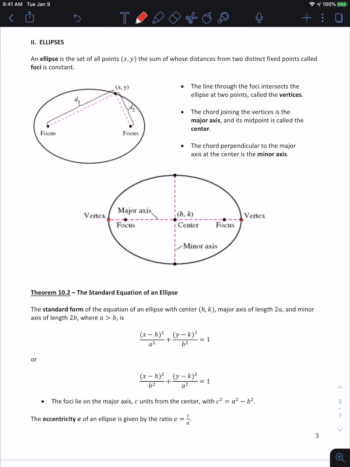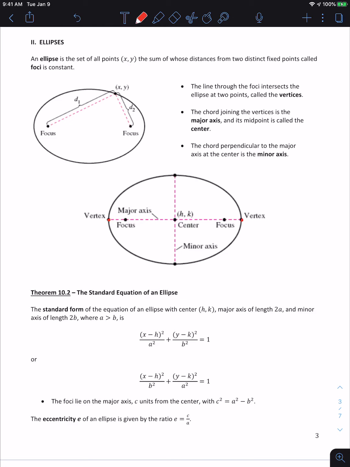The chord that joins the vertices is the major axis. The major axis is always going to be the longer part of an ellipse, because an ellipse could be egg-shaped vertically or egg-shaped horizontally. Right now it looks egg-shaped horizontally, so the major axis can either be vertical or horizontal. In this case, it's horizontal.